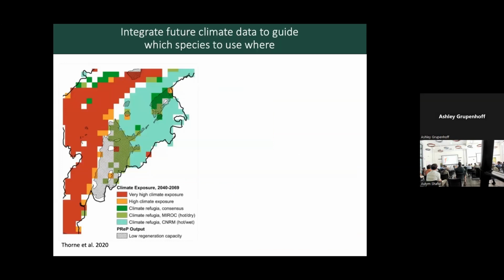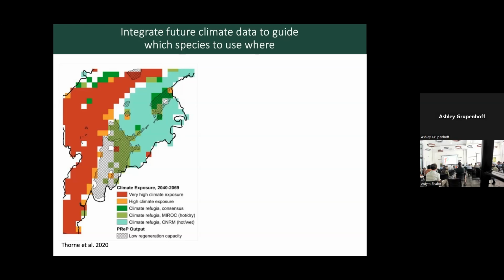And then the final example of how the outputs from the tool can be used is that it can be integrated with future climate data. So these data here in the map are from Jim Thorne at UC Davis. What he did was to look at a couple of different climate scenarios, the MIROC, the hot-dry, and the CNRM, the hot-wet scenario, to see where they overlapped.